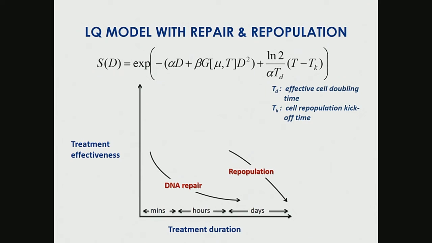Those 2 are not as easy to incorporate into the LQ formalism, although good progress has been made by Mariana Guerrero and David Carlson, who recently published a paper in Medical Physics looking into incorporating cell reoxygenation into the LQ formalism. Obviously, both of those R's are advantageous in terms of increasing treatment effectiveness.